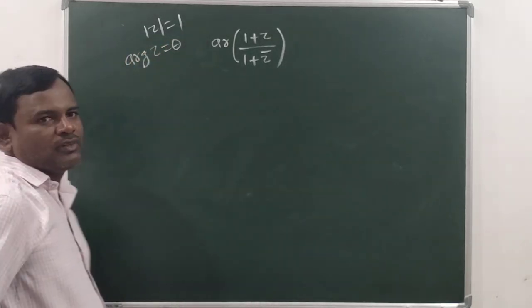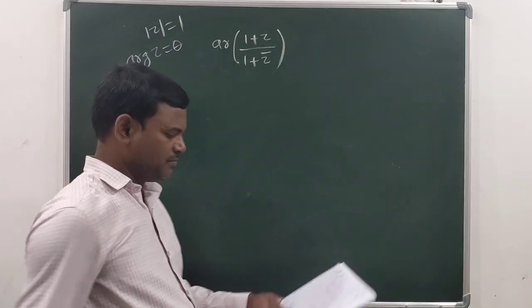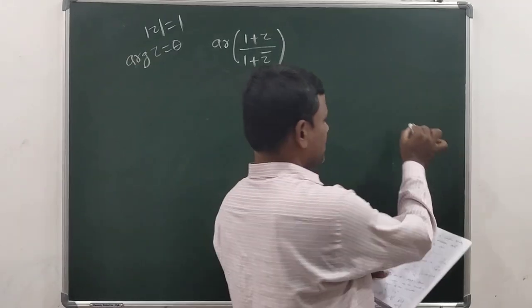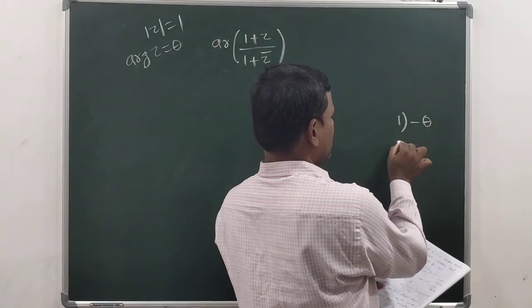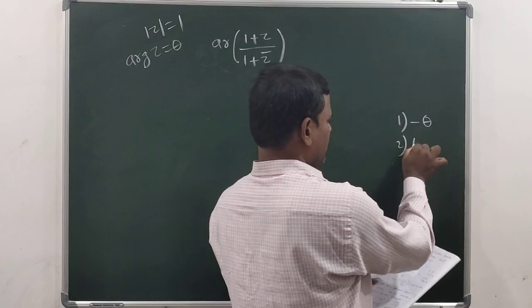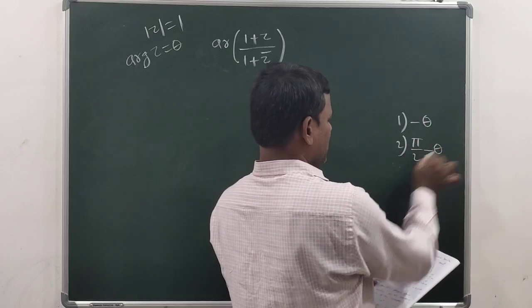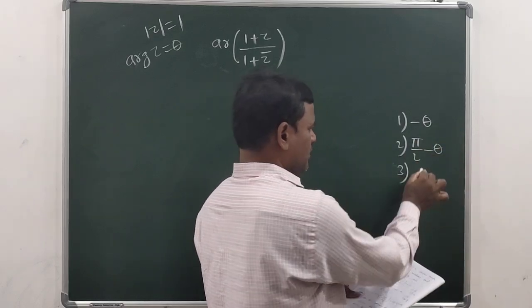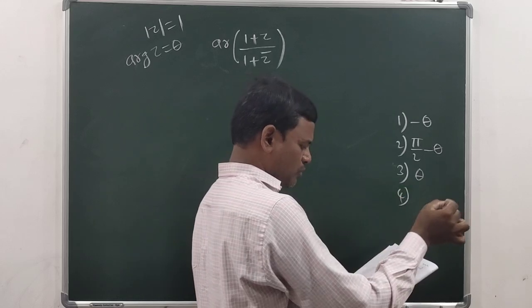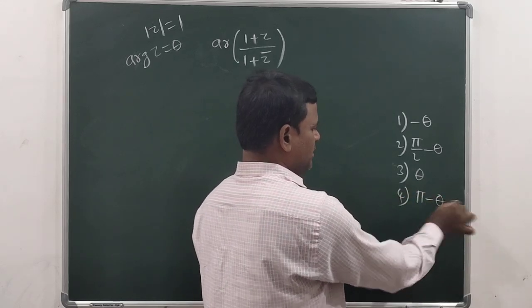Then what is the argument of this? The options are: minus theta, pi by 2 minus theta, theta, and pi minus theta.